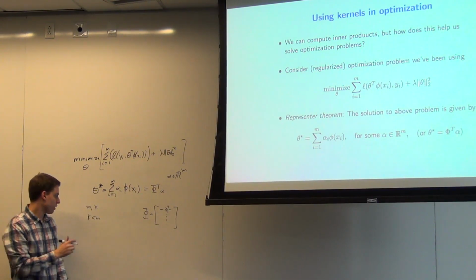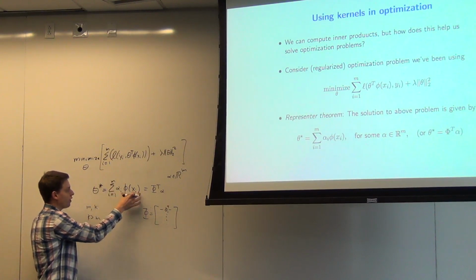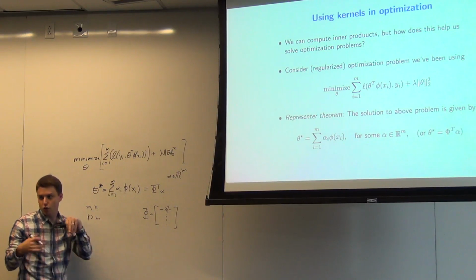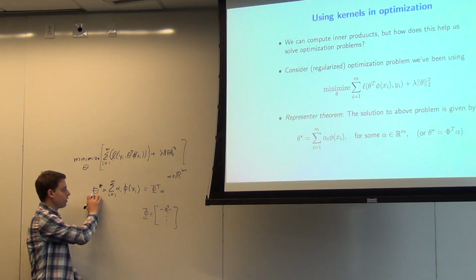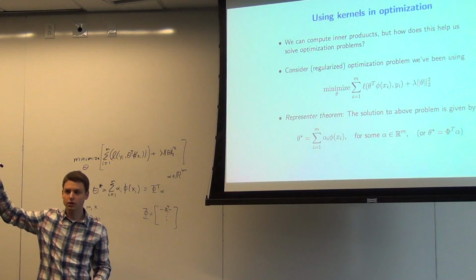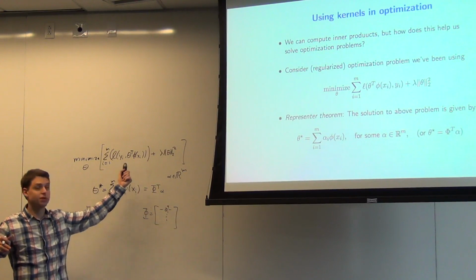The interesting case is when k is greater than m. When you have a higher dimensional feature vector than terms in this sum, it's no longer obvious that your solution will lie in that space. It could lie outside that space too. But in fact, it does lie in that space for regularized loss minimization.